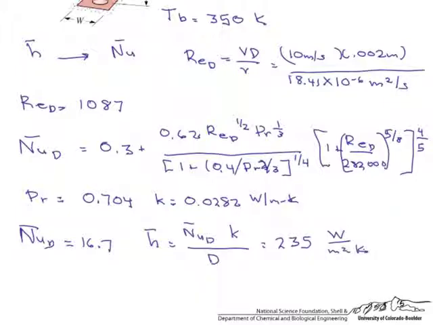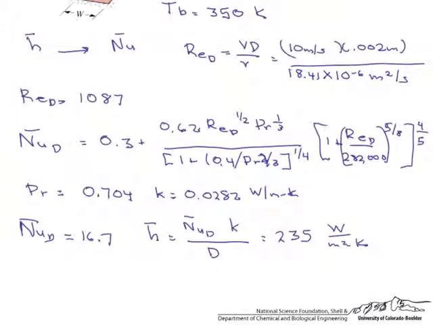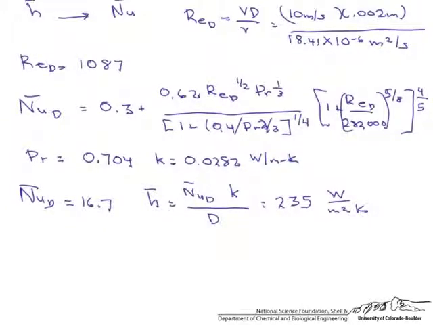So now that we've found our H bar, the next thing that we're asked to do is to determine the pin heat transfer rate. The fact that we have solved for this H makes you think that this is a fin with tip convection.